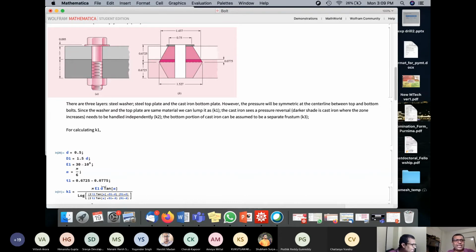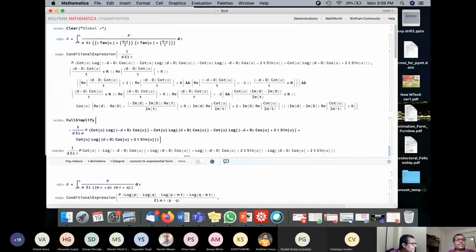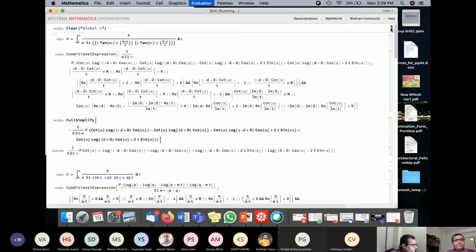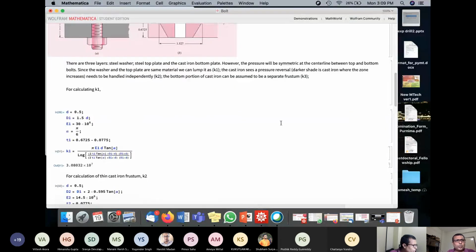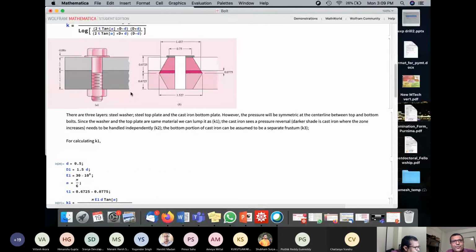So if you want to find out, let me do this. Let me first unset everything, and then we'll go from there. So what I say is this. The top layer thickness, if you see, this is the top layer. It comprises the half inch plus 0.095.